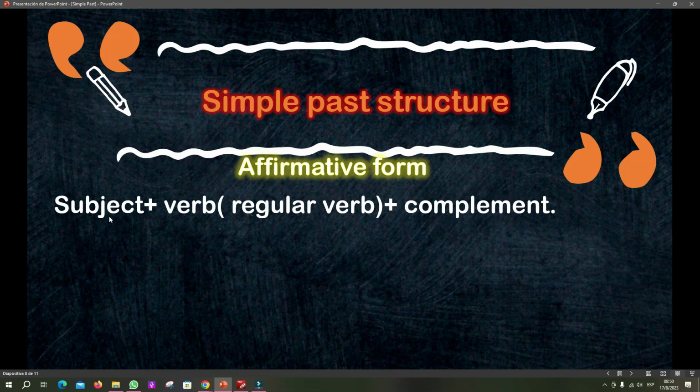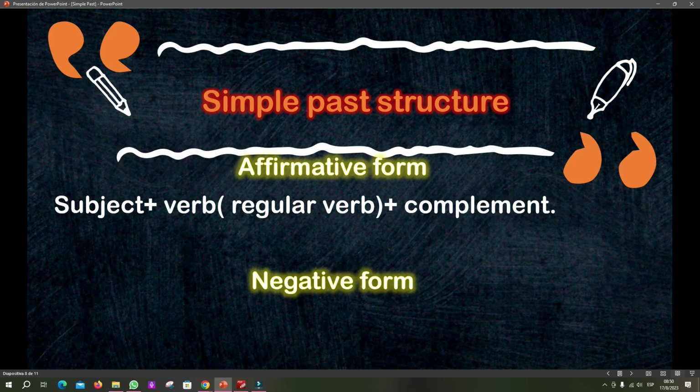So here in the subject, I, we, you, they, or you can have nouns, for example, like Ruben, Abraham, Jacqueline, right? Also, you're going to have the verb, the regular ones. I will give you a list also of regular verbs plus the complement, okay?